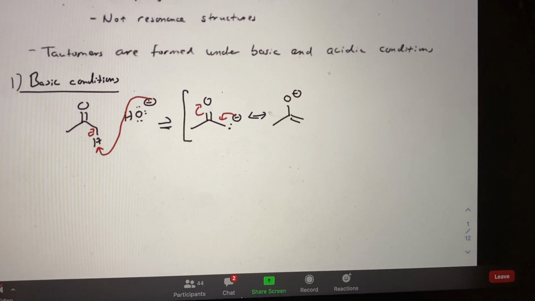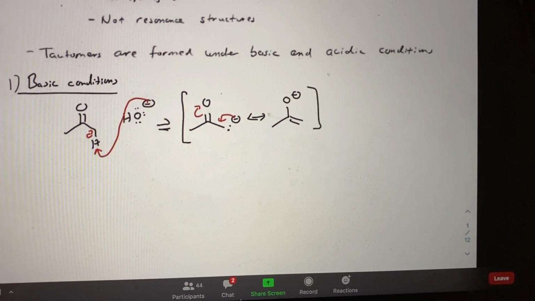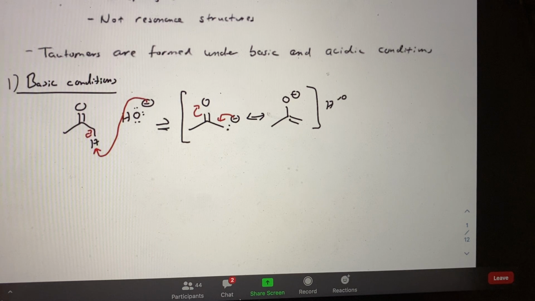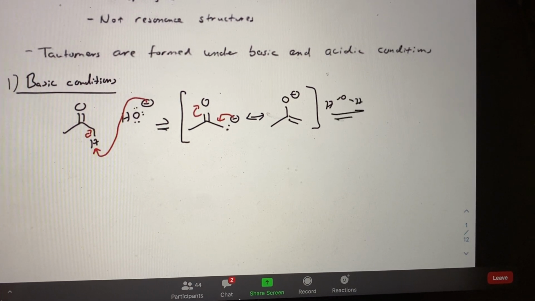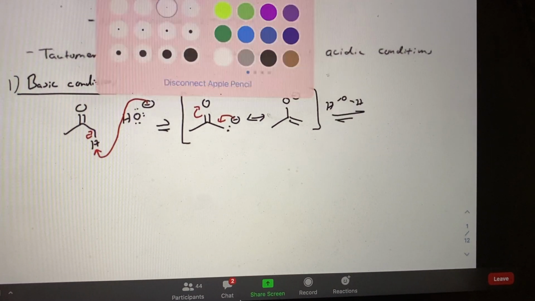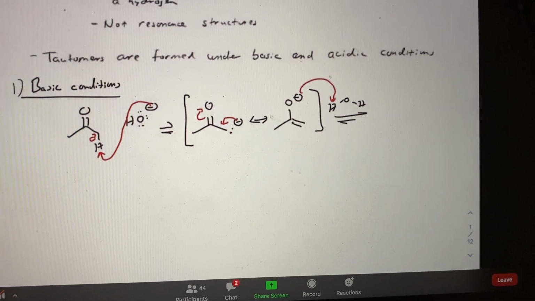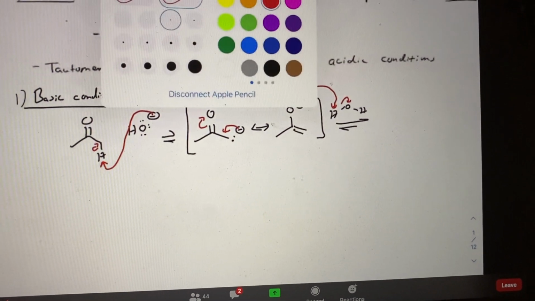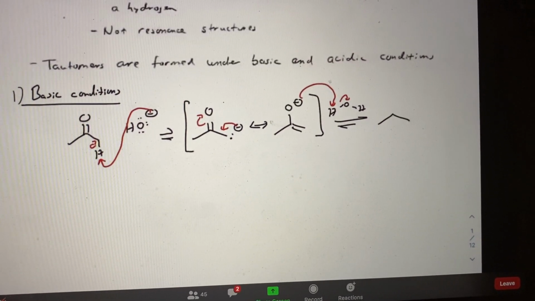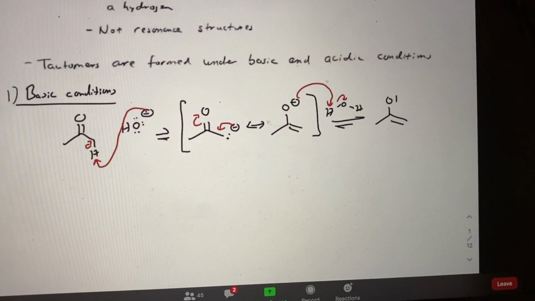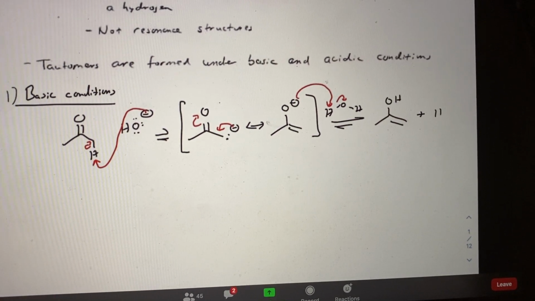And then we generated water. So we can regenerate our hydroxide by taking a proton off of water, to form this, plus hydroxide again.